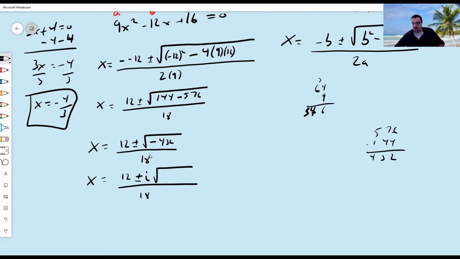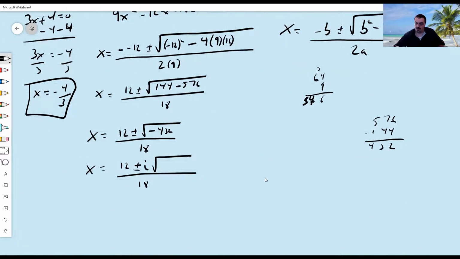432, what do I know about that? Not very much. So we're going to do some scrap work here so we can figure it out. If I look at the last two digits, if 4 divides evenly into the last two digits, I know 4 goes into the whole thing evenly. So I know that 4 goes into 32, so this is going to be 4 times.